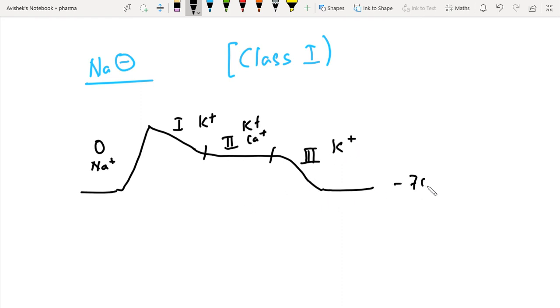It is coming to resting membrane potential, that is minus 70 millivolt. So what will happen where sodium is working in the 0 phase? This will be delayed if we block sodium. So it will decrease the slope in phase 0.